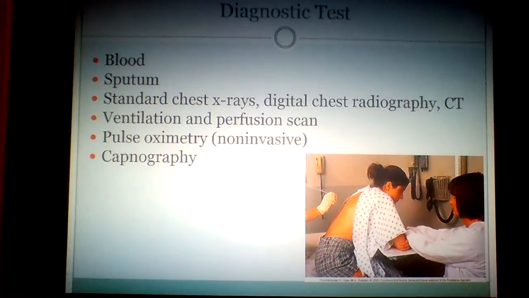Normally, this number is about 95% or greater if there is no lung disease. So, not everybody gets 100% on this test. But remember, cold extremities will affect it, and we have to keep that in mind. I think that's on another slide. I might have jumped ahead of myself. Capnography is a measurement of carbon dioxide.